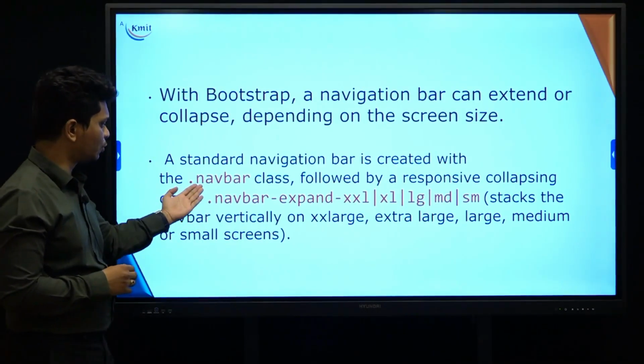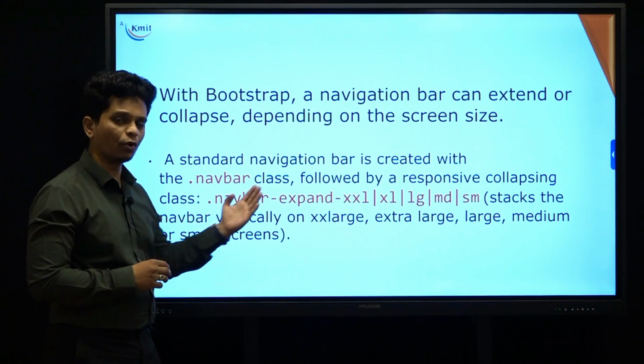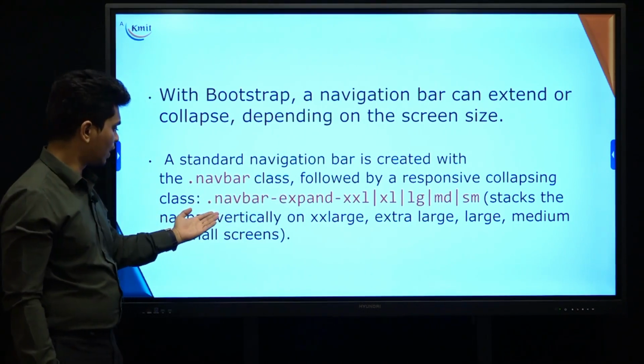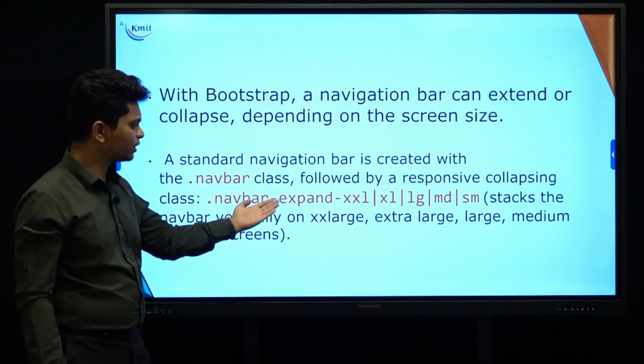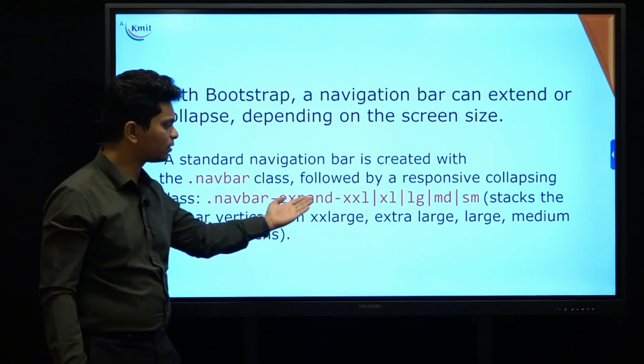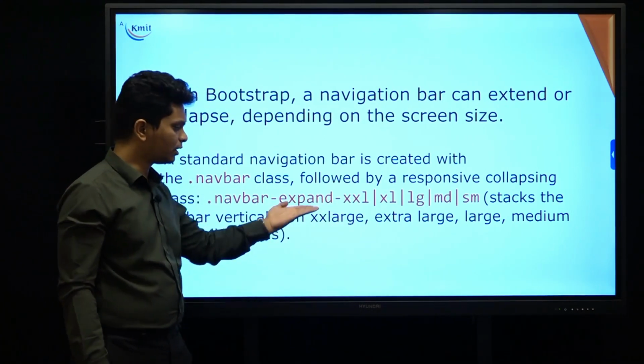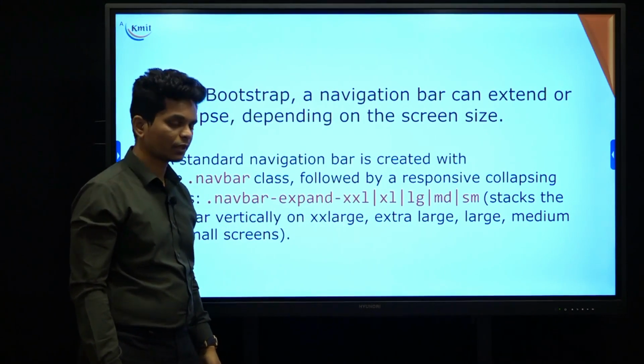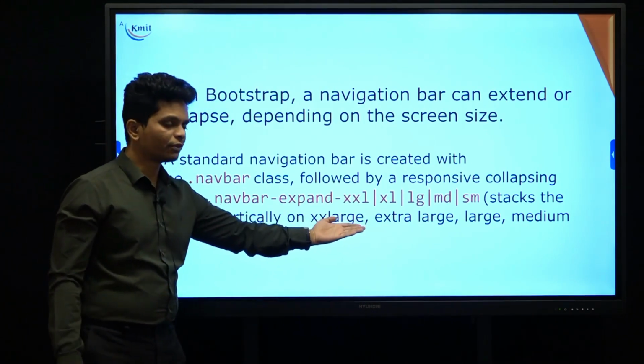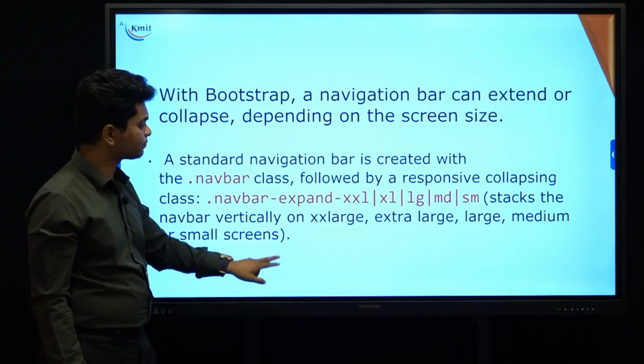We have the .navbar class which does all that for us. With .navbar along with the expand attribute, we can get our navigation bar in different sizes based on the different size of the screen.